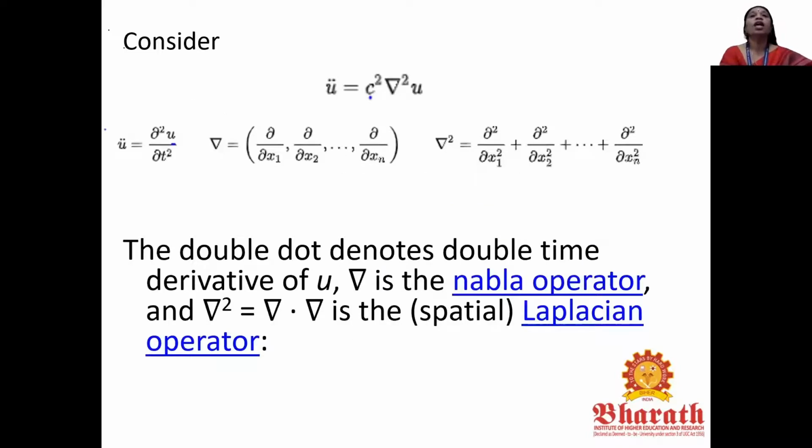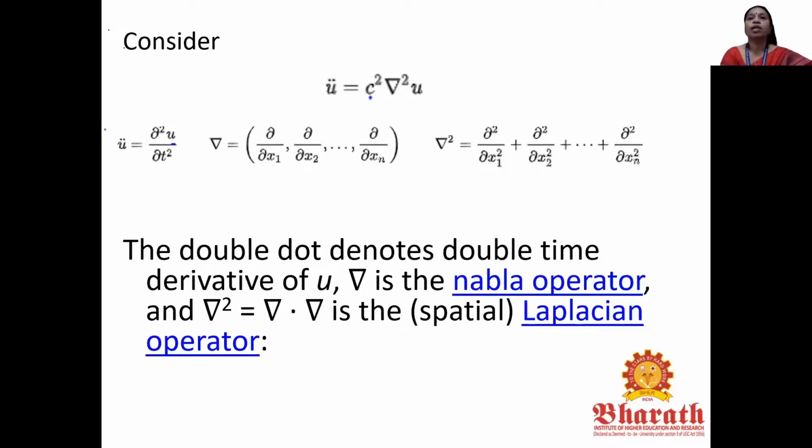Now consider u double dot = c² ∇²u. So u double dot is ∂²u/∂t², and del is equal to (∂/∂x1, ∂/∂x2, etc. to ∂/∂xn).